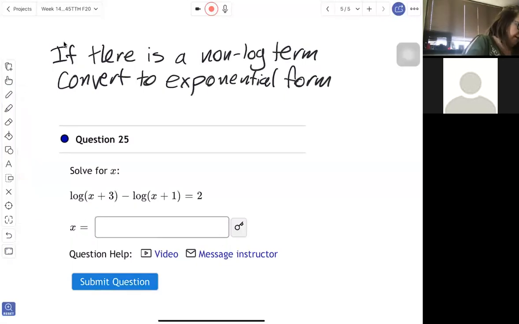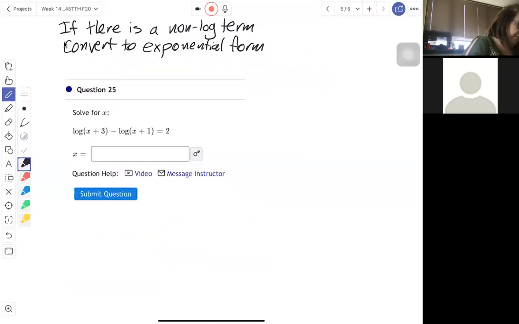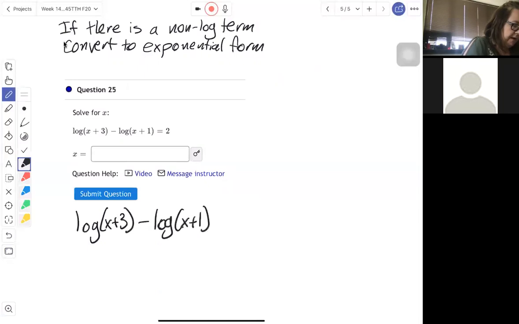So just like the other one, you first have to have a single logarithm on one side and your constant term on the other side. So we do need a single logarithm. And right now I have 2 logarithms, so I need to condense those, okay? So this, if I look at it, I don't have any coefficients, so I won't need power rule.